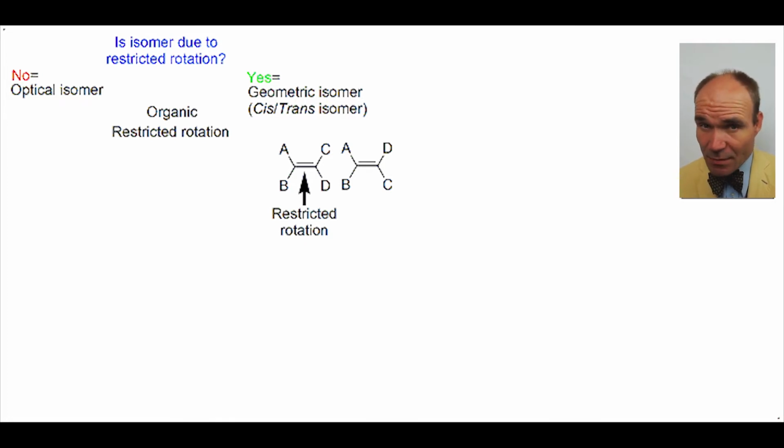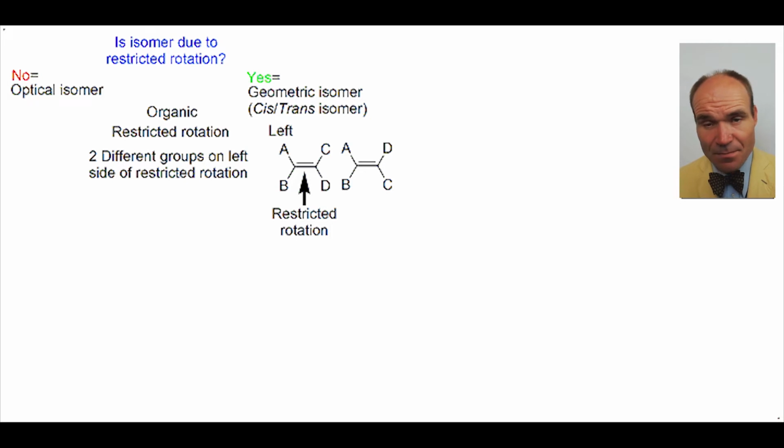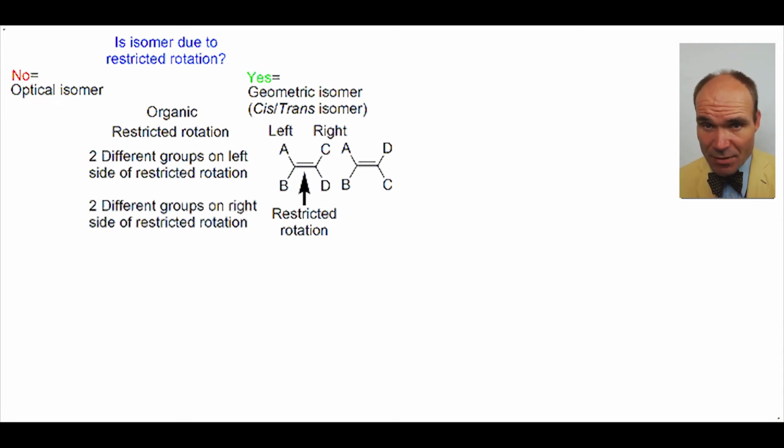In the case of the double bond, well, it's the double bond. On the left of the bond of restricted rotation are two different groups. Here it's generic A and B. On the right of the bond of restricted rotation are another two different groups. Here we're calling them C and D.